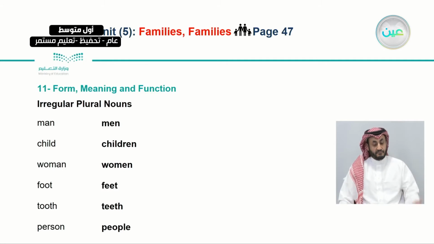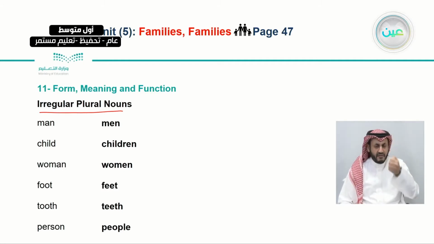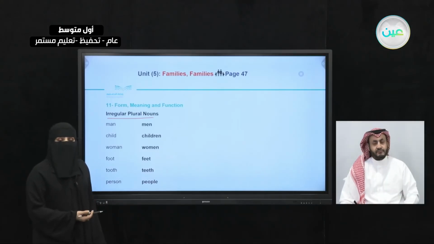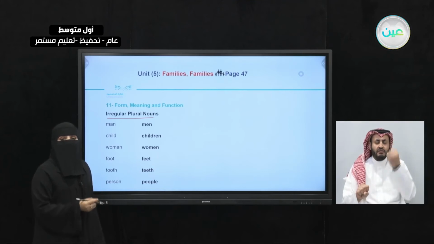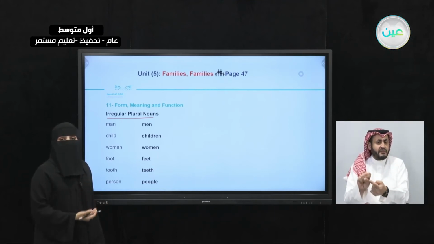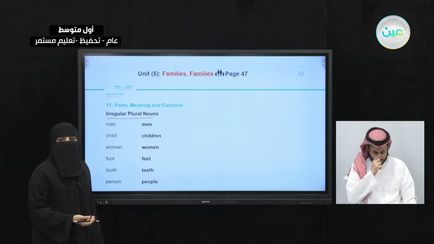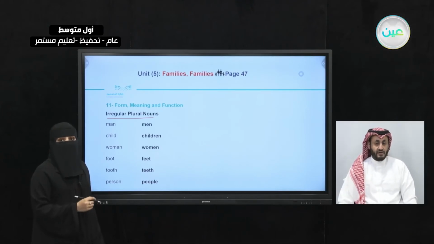Let's go to irregular plural nouns. So all the previous nouns were regular. We just add S. With a slight change, we could add one letter or maybe change the Y into IES or the F into VES. Slight difference. It's not that big.